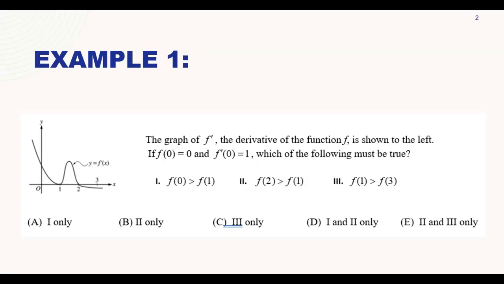So let's warm up with a multiple choice AP question that says the graph of the derivative is shown to the left. If f of 0 equals 0, so that means that the original function started at the origin and the derivative started at 1, which of the following must be true?